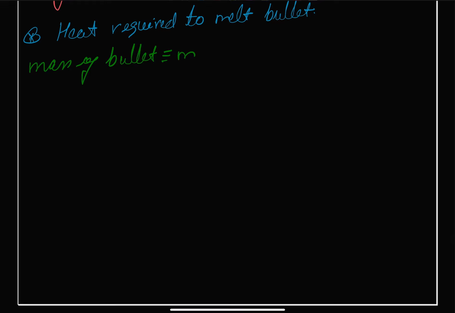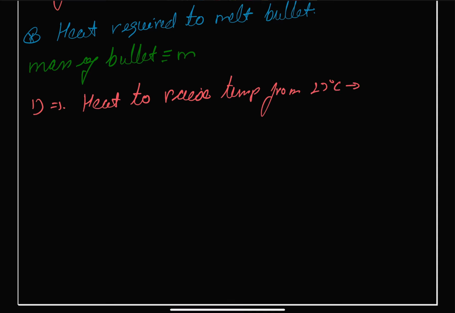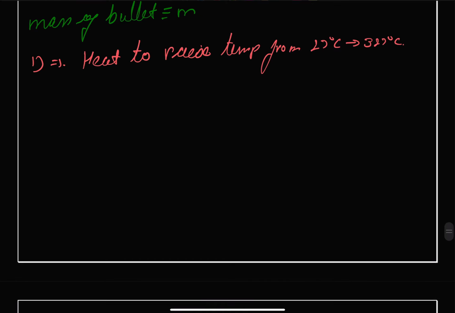So we can say that the first part, heat to raise temperature from 27 degrees centigrade to 327 degrees centigrade, and let us suppose that heat is our Q1, which will be equal to mc times delta T, which gives us mc is given to us as 0.03, and the difference in temperature is 327 minus 27, and this comes as 9 times m calorie.